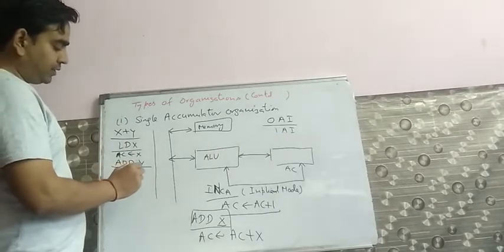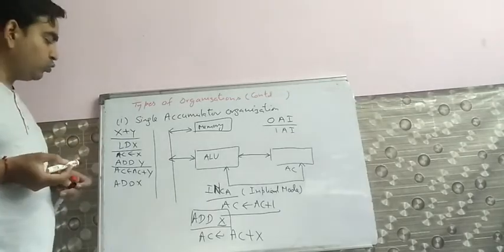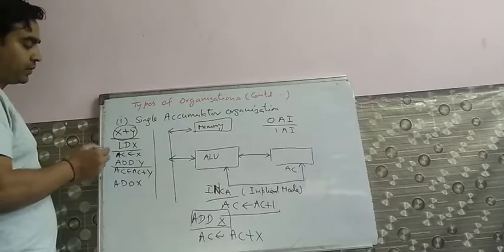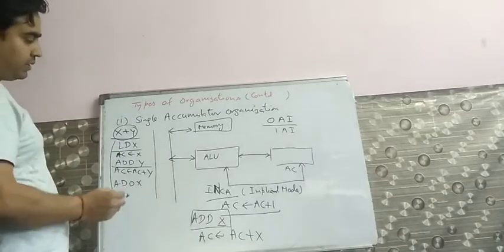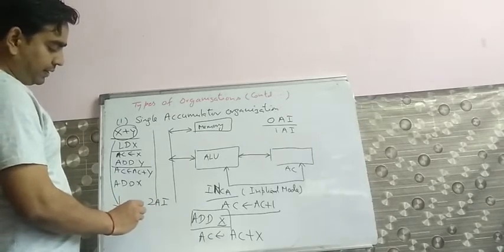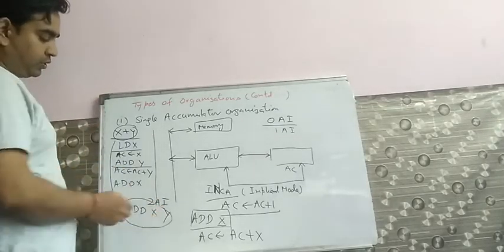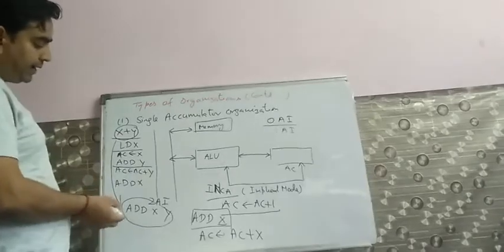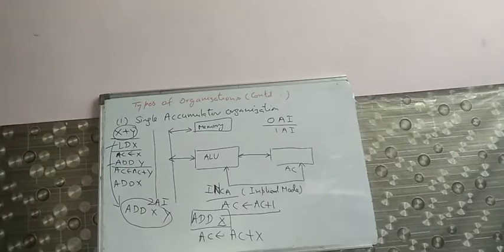AC will be AC plus y. So we can see that by two single address instructions we can add x and y. If we write x plus y as a two address instruction, like add x and y, but we write this instruction in single address form, then definitely we have to write two instructions to add the contents of x and y.